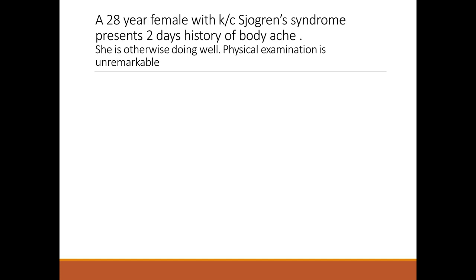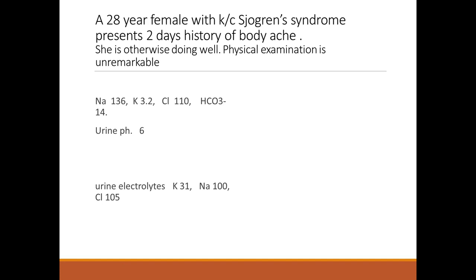Another scenario: a 28-year-old female with Sjogren syndrome, with body ache and otherwise fine, and physical examination again reveals nothing significant. So in Sjogren syndrome, in the nephrology context, we can certainly encounter some tubulopathy.